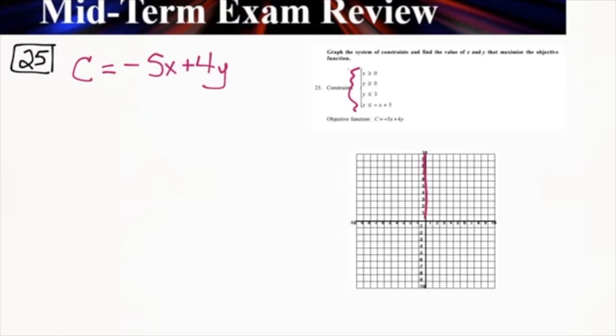So I'm just going to draw 0 real quick. And then I've got y. This is y equals 0 right here. And then I'm going to do y less than 3. So I'm going to put that one there. And then the y less than or equal to negative x plus 5.